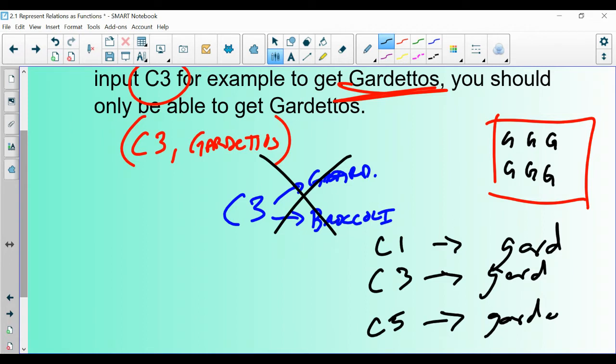That would not be a function. It would be a function, albeit a bit weird, if no matter what you typed in, you got Gardettos. That would be an allowable vending machine.